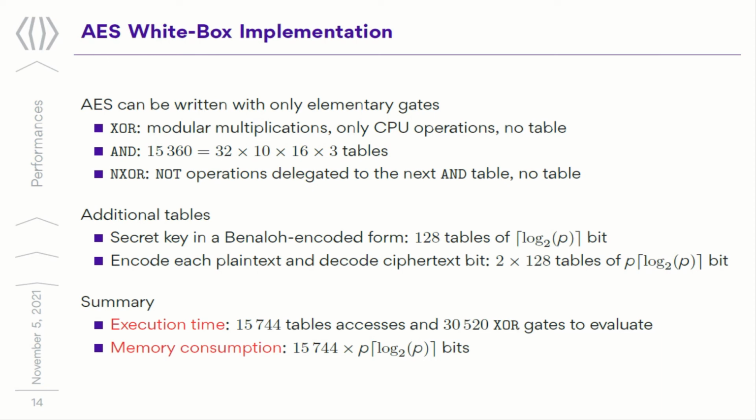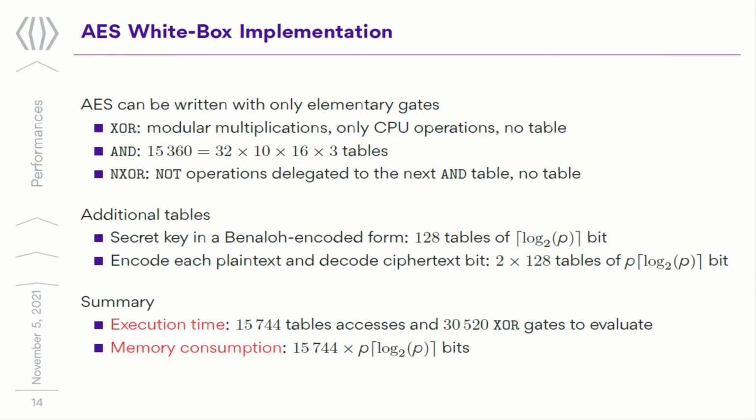But we have additional tables also. For the secret key, it must be encoded in a Benaloh form. And we have to encode the plain text and decode the ciphertext for each bit. And we can remark that the execution time is always the same.